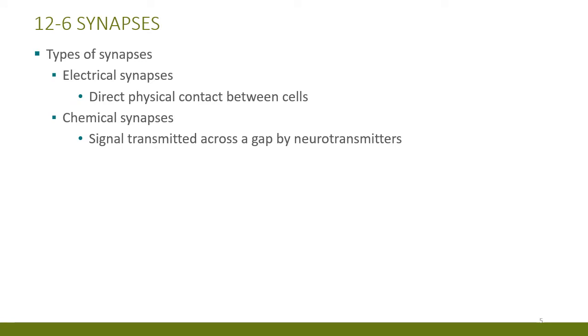There's no synaptic cleft or space, like in cardiac muscle cells completely attached to each other through the intercalated disc, and the ions flow from one cell to the next. There's no need for a neurotransmitter. With a chemical synapse, the signal is transmitted across a gap, the synaptic cleft, and it's associated with a neurotransmitter substance that's released and taken up by receptors.